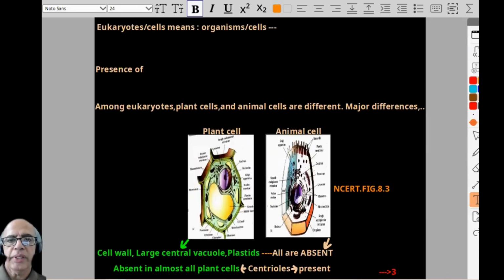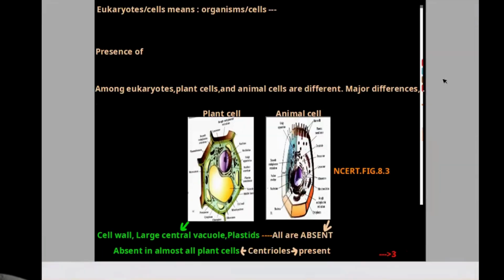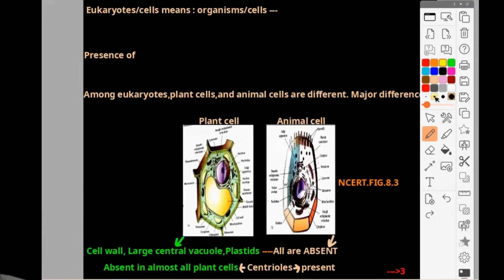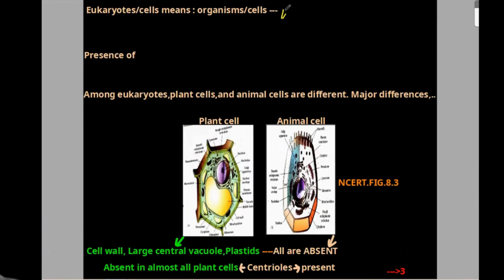So we are starting with our first idea, eukaryotic cell. So what is meant by eukaryotes or eukaryotic cells? What is the meaning? It means organisms or cells with well-developed membranes. So protection is there.